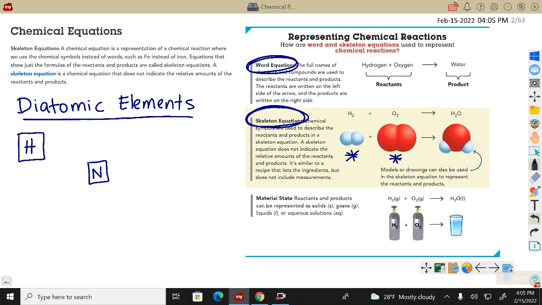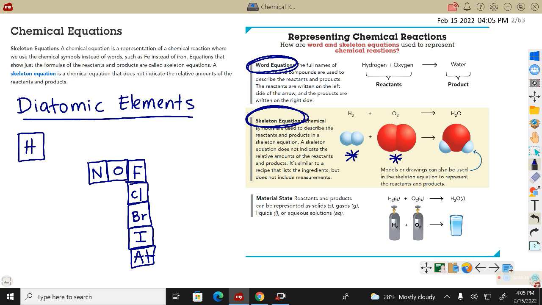It's nitrogen, oxygen, and all the halogens: fluorine, chlorine, bromine, iodine, astatine, and maybe we can leave it there. Tennessine, number 117, I guess would technically also be diatomic. But we won't deal with any element 117.